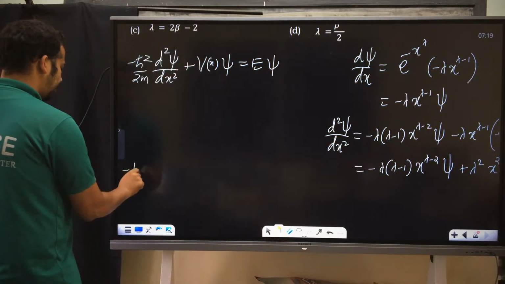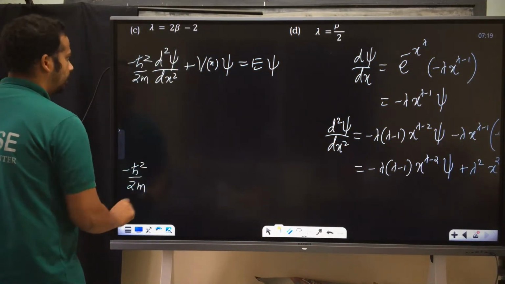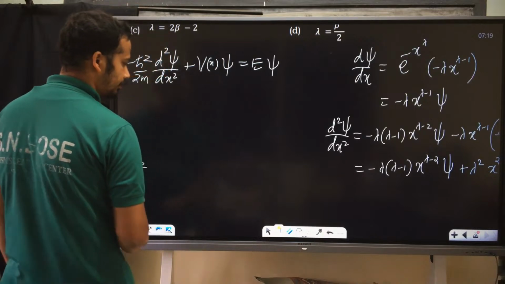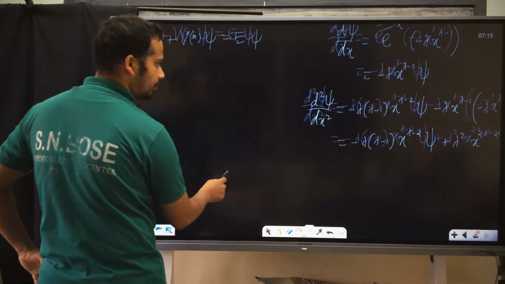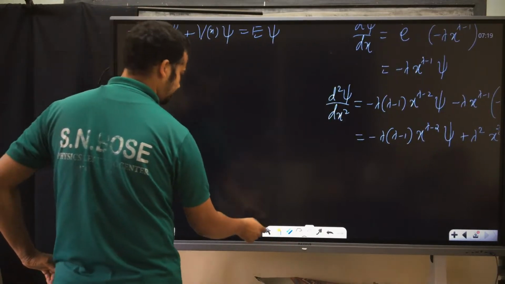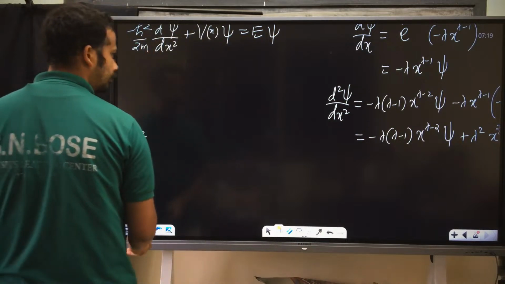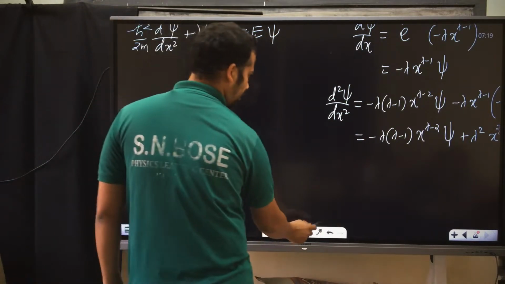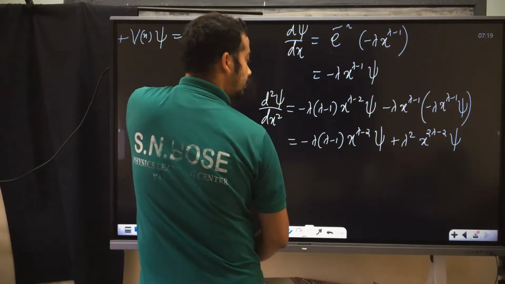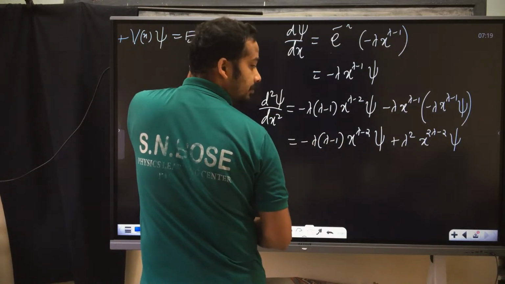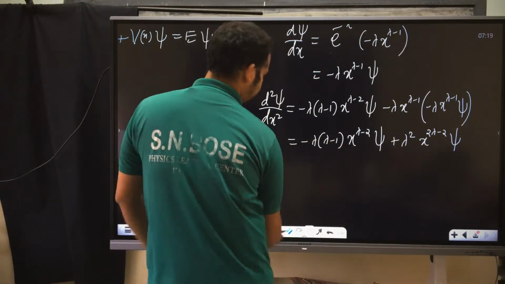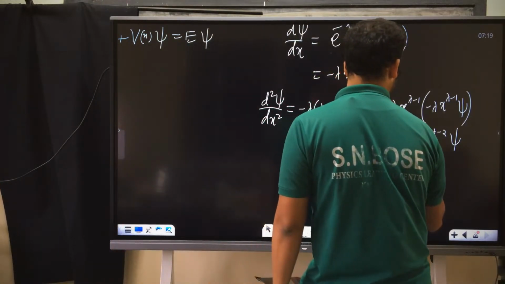Minus h bar square by 2m into the second derivative, this whole thing. Psi can be taken common.